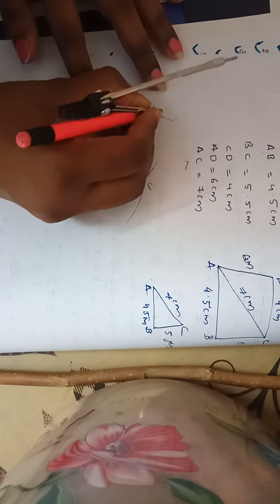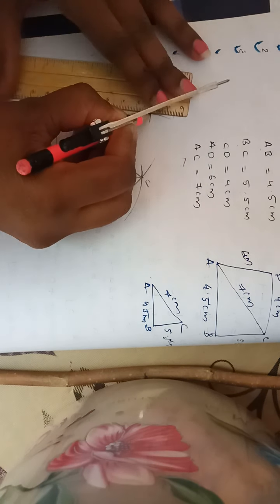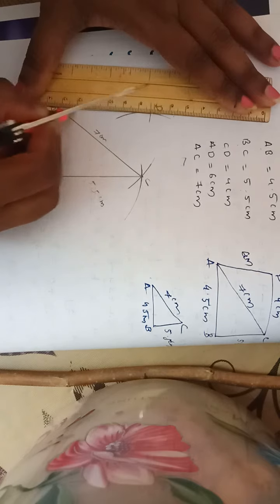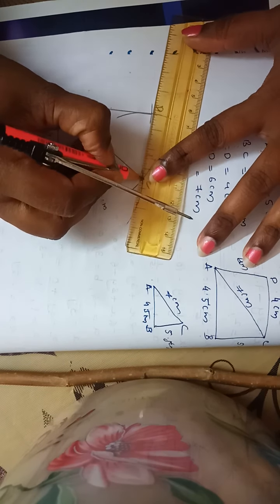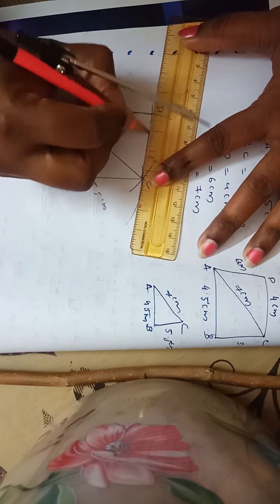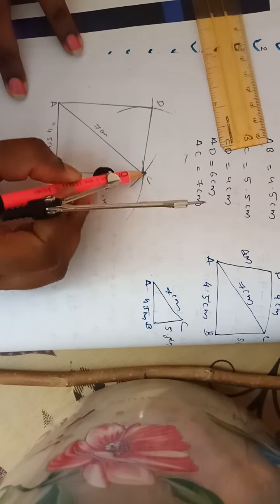This meeting point you can mark as D, and from D to A you can join a line here, and from C to D you can join another line here. Now you got the quadrilateral ABCD.